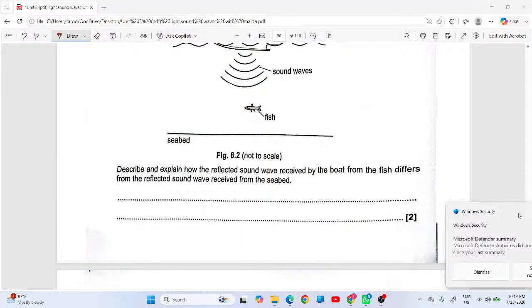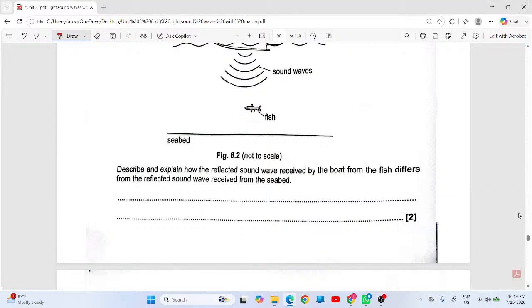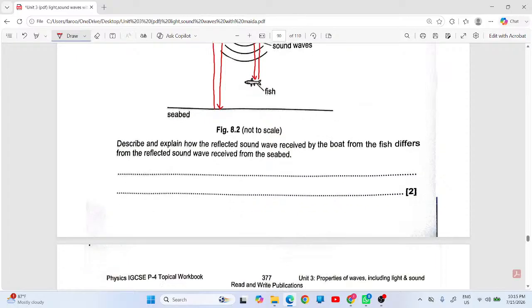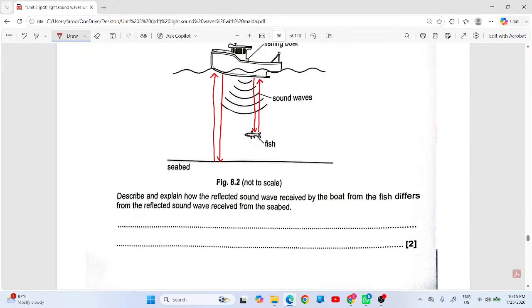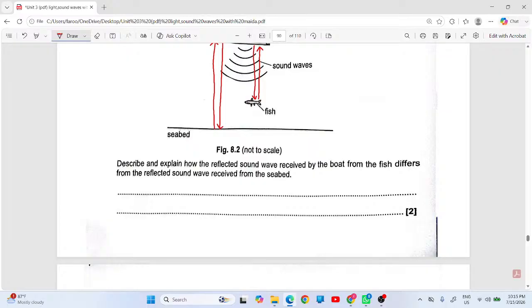Describe and explain how the reflected sound wave received by the boat from the fish differs from the reflected sound wave received from the seabed. One sound wave hits the seabed, and the second sound wave strikes the fish. What's the difference between the reflected waves? One will produce more sound and one less. Which will be more, the seabed or the fish?